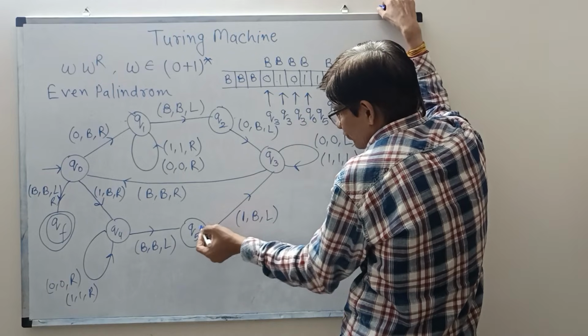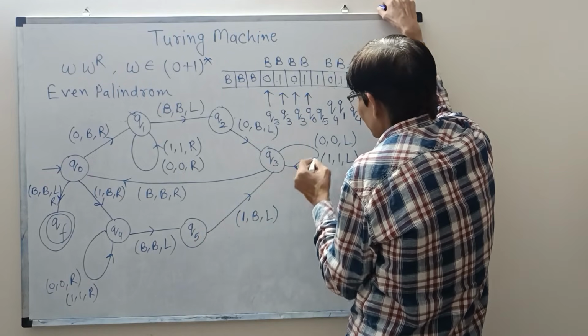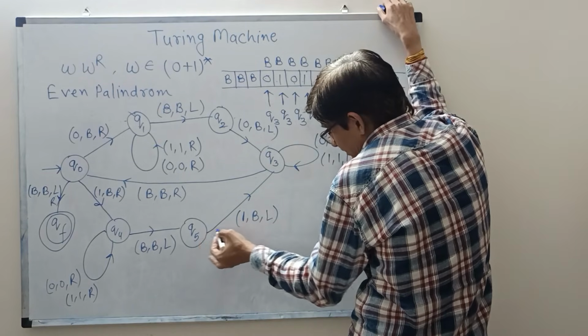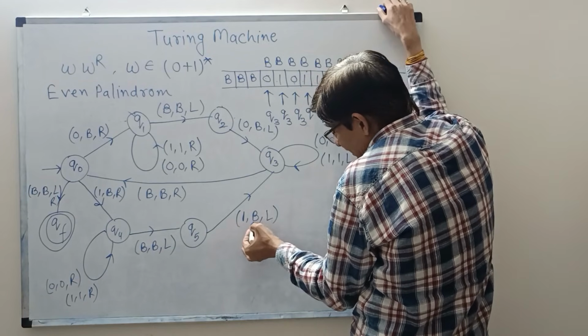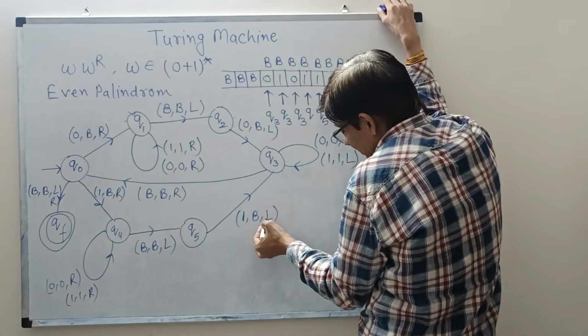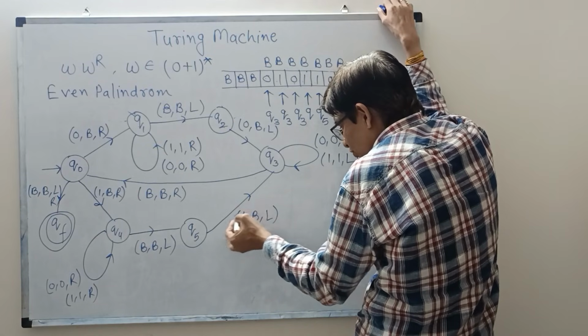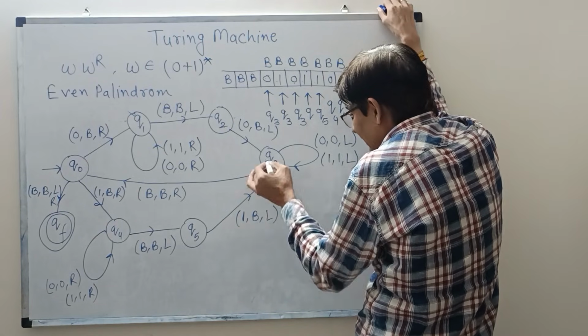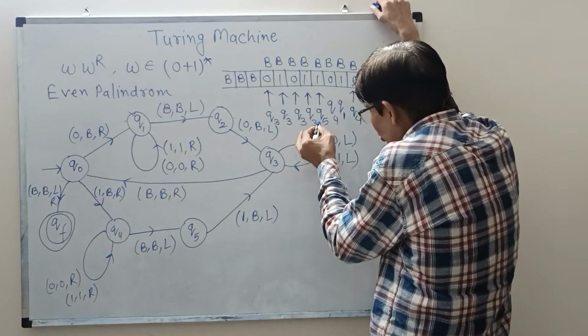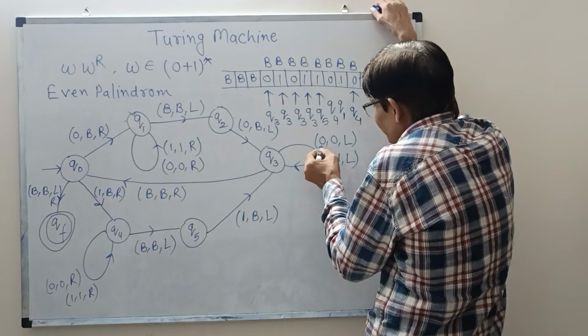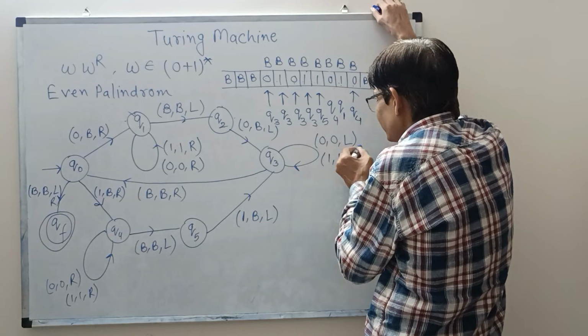So now on Q5 you will get 1 again. When you are getting 1 on Q5, you are converting it to blank and you continue moving towards left direction and you are changing your state to Q3. Now on Q3, if you are getting 0, you will leave it as it is.